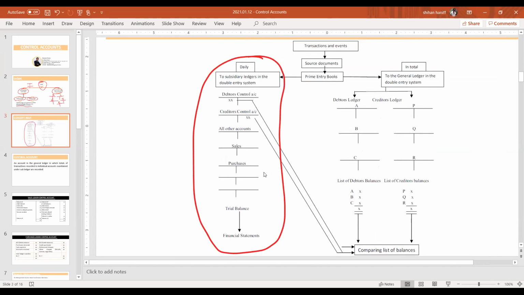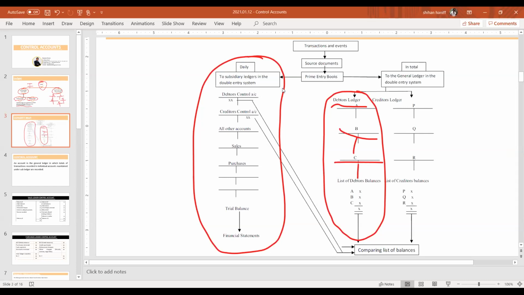This is the sub-ledger. In the sub-ledger, if you take the debtors ledger, there we have individual accounts. Individual accounts, A, B, C, and there will be a list of debtor balances.